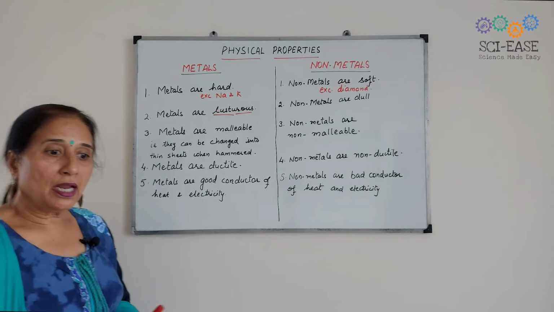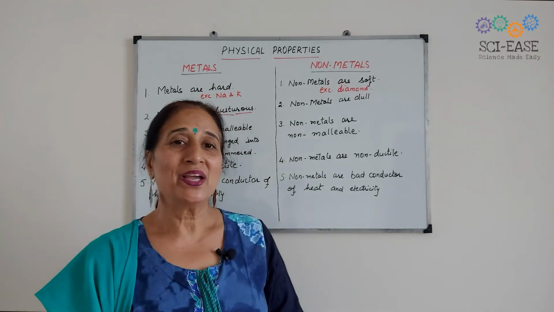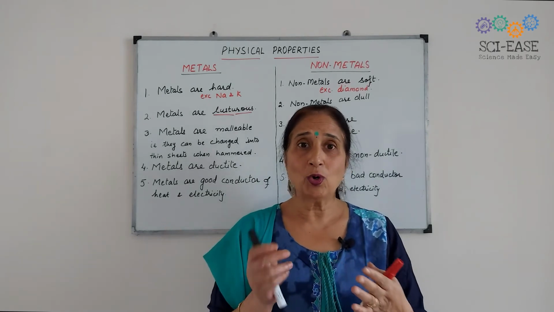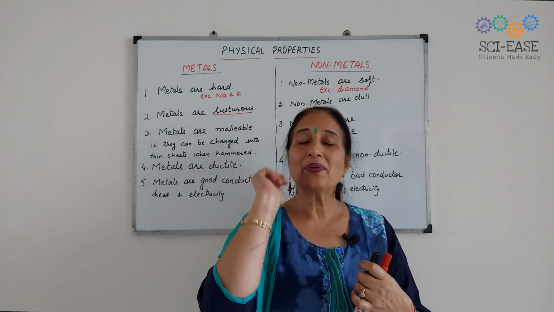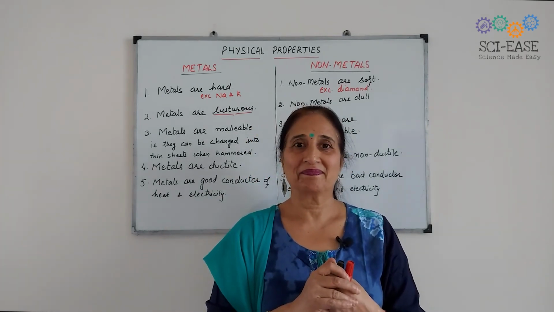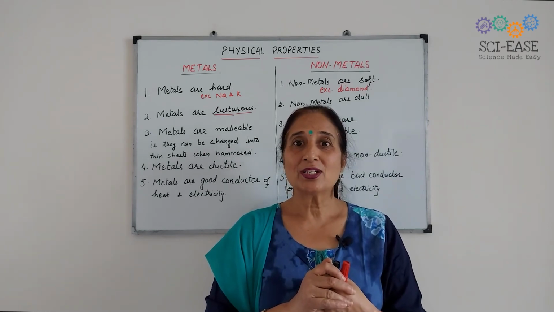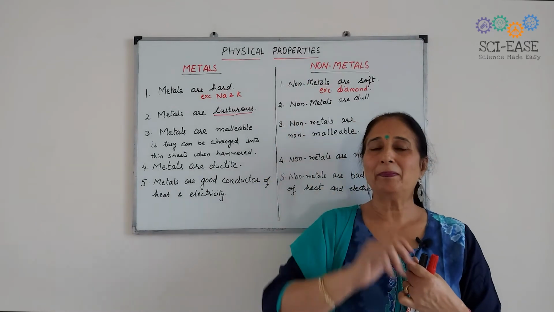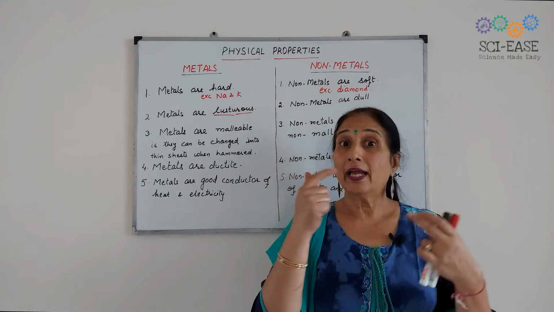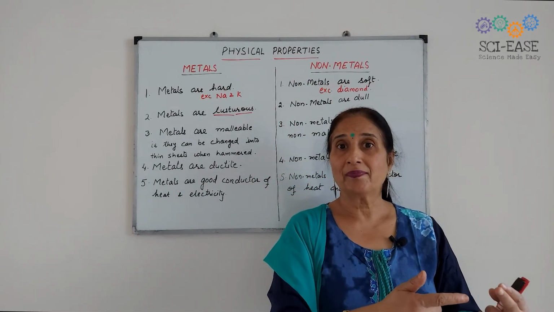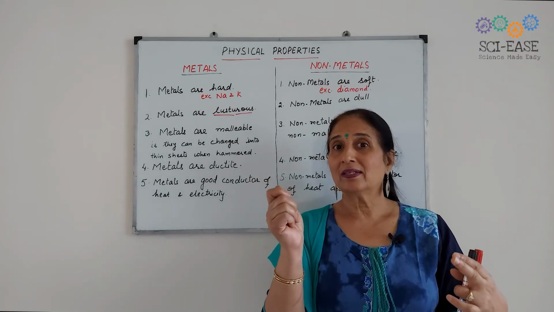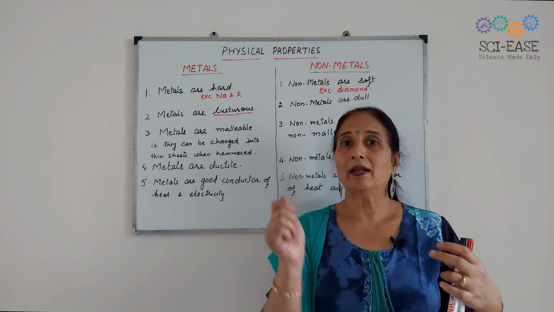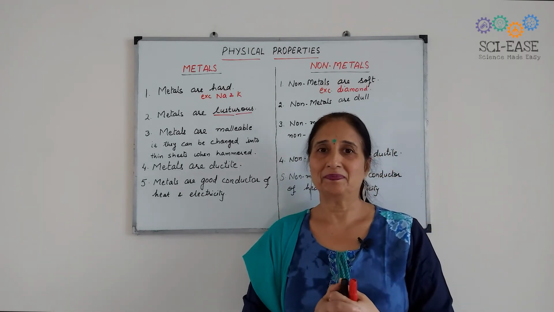Now, the last point. You go to the temple or in your home also, you ring a bell, okay? So, what will you observe? You ring a bell, or in your school, you strike the iron bell or the copper bell with a hammer.